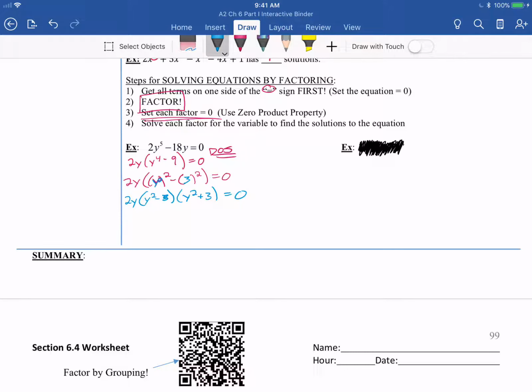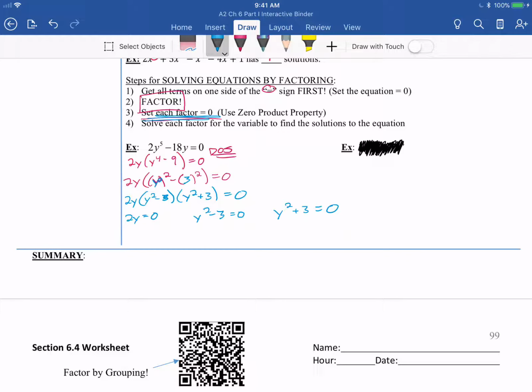So now I've factored it. I know that's tough in the first part, but this part shouldn't be too bad, because you just set each factor equal to 0. So I take my 2y and set it equal to 0, I take my y squared minus 3 and set it equal to 0, and I take my y squared plus 3 and set it equal to 0.